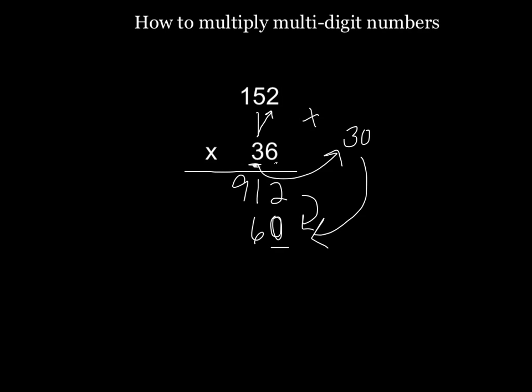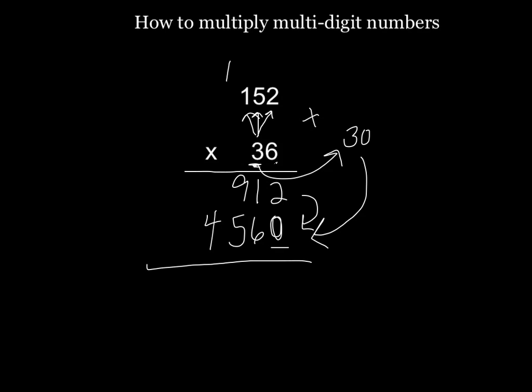Now I'm going to go to the next place value, 3 times 5, which is 15. Carry the 1. And notice this is the same as 30 times 50, which is 1,500. And the last place value, 3 times 1, is 3, plus 1 is 4.